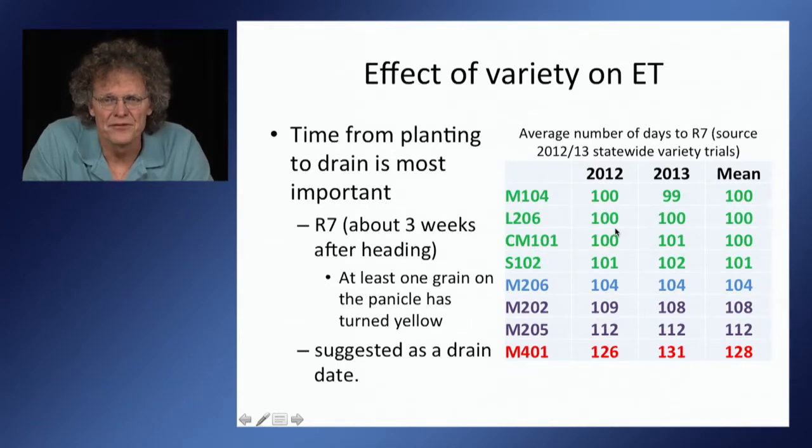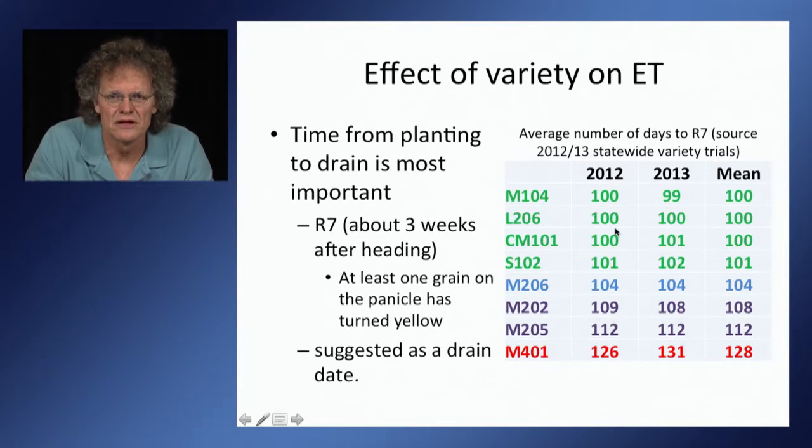However, time to heading is really not the important period. We really are concerned with the time required for the whole crop irrigation period, and this is really time to R7. R7 is a staging where one grain on the panicle has turned yellow.